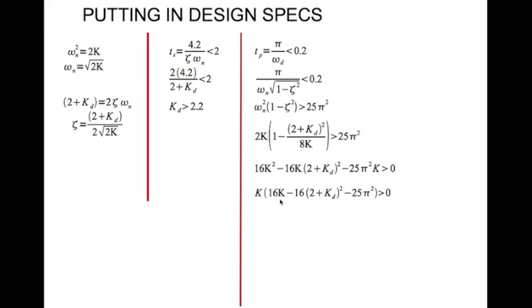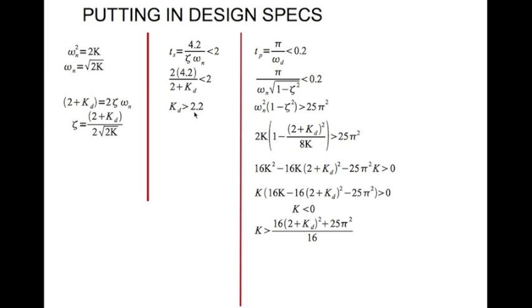That gives me k times [16k minus 16 times (2 plus kd) the whole squared minus 25 pi squared] is greater than 0. So this condition is only valid if either k is less than 0 or this whole term is greater than 0.